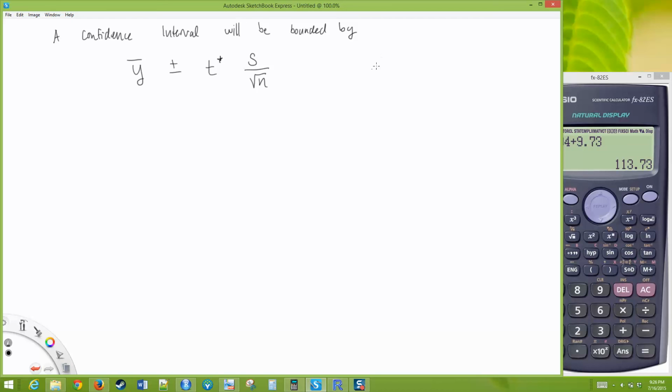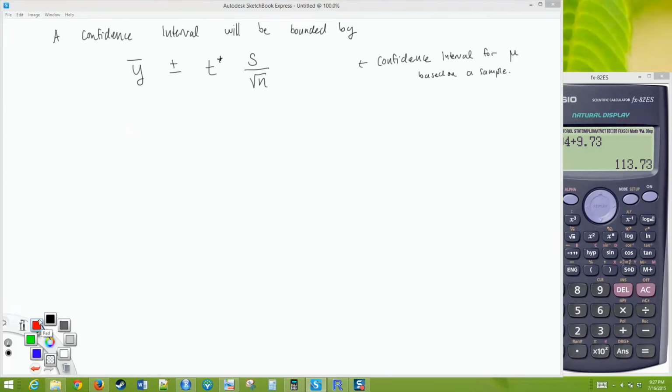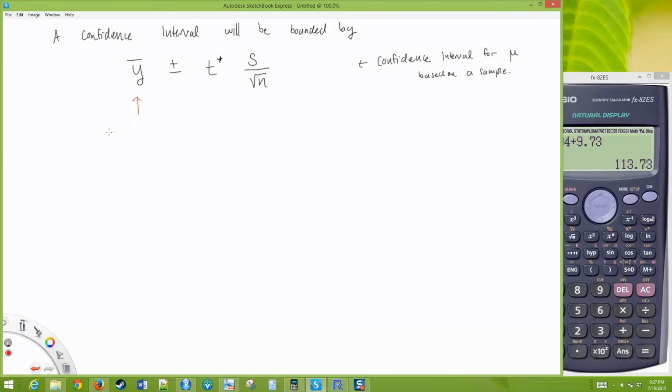Okay, so I should write that, because we'll learn another confidence interval next week. Okay, so y bar, this is what we call the point estimate of mu.